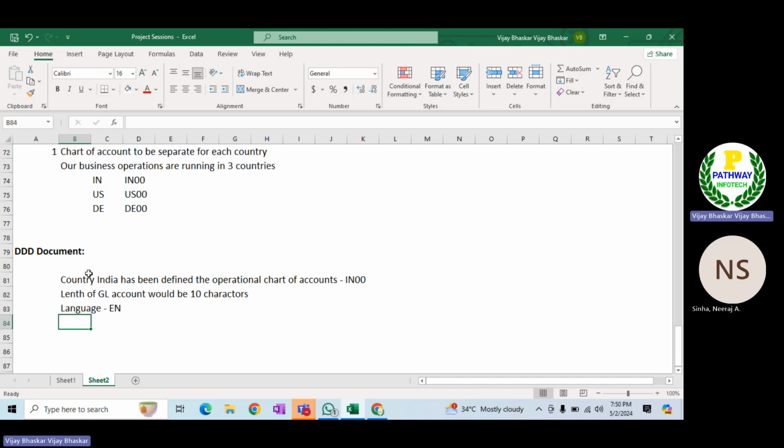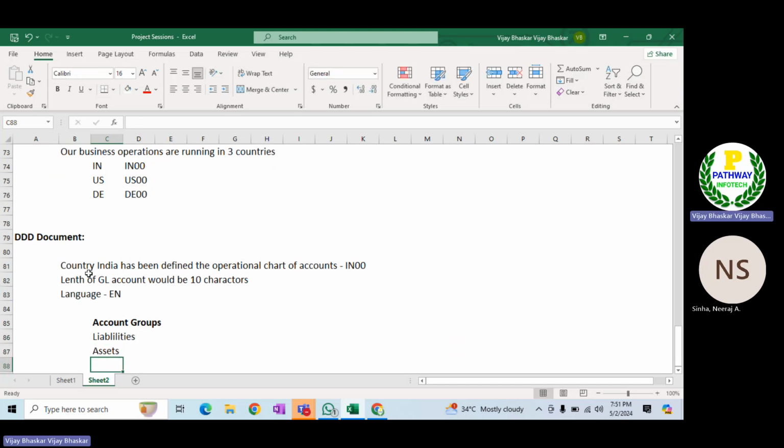Next, how are we going to define the GL account structure? Let's say one series for the liabilities, two series for the assets, three series for the revenues. How do you define the account groups, the account group structure you want?